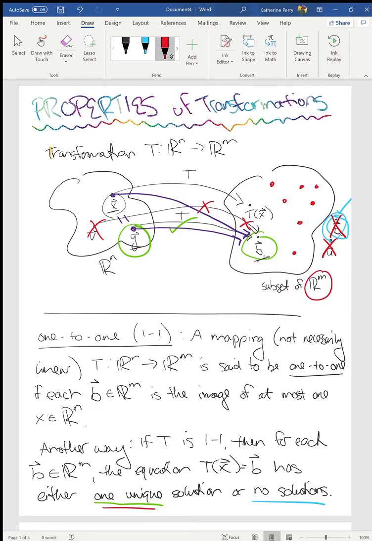So in fact here, this range isn't a subset of Rm, it is actually equal to Rm. But the other thing that I want to point out that is okay is the following. So here for some vector, again, let's use b, it is fine to have two different vectors being sent to b. What I need is at least one, so having more than one is fine.